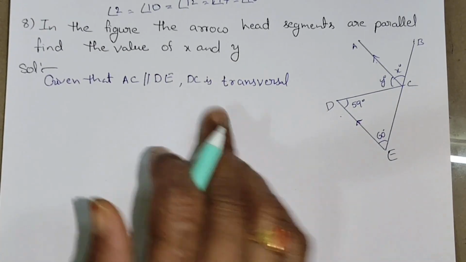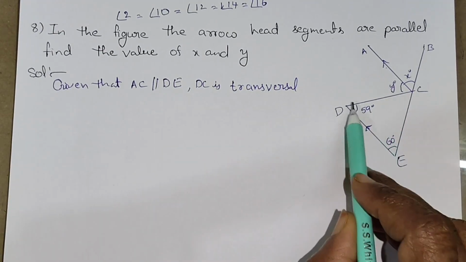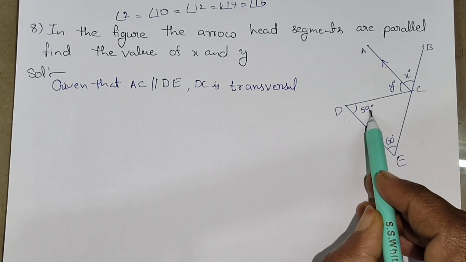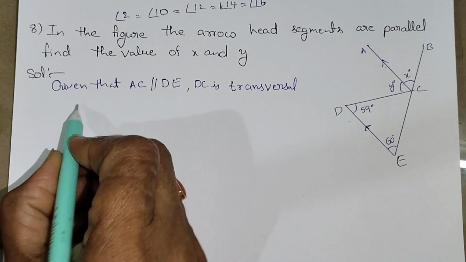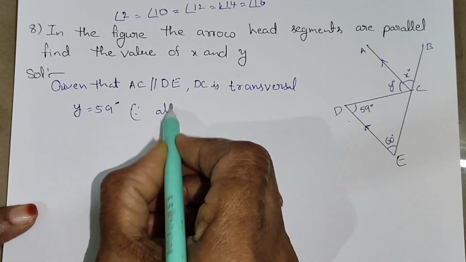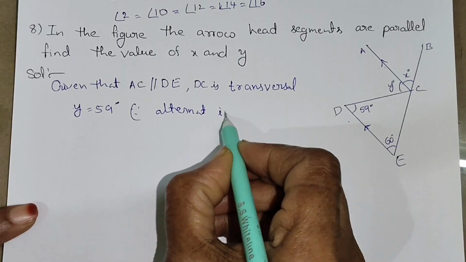DC transversal means these two are the alternate interior angles. So y equal to 59 degrees, since these two are the alternate interior angles.